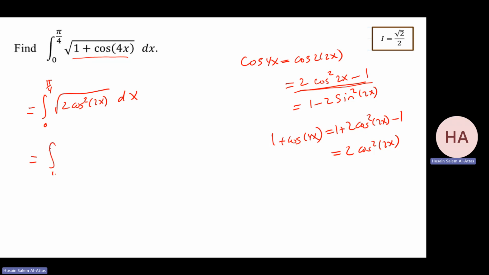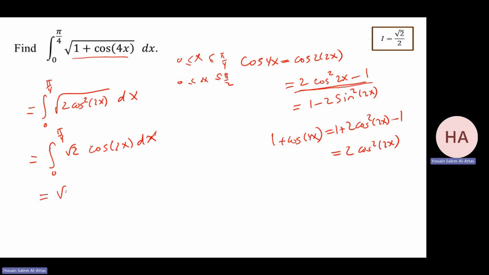That will be 0 to pi over 4 square root of 2 cosine 2x dx. Cosine is positive. This is 0 to pi over 4, first quadrant. Also with the angle 2x, if x is between 0 and pi over 4, then 2x is between 0 and pi over 2, which is still first quadrant. So now we do the integration.